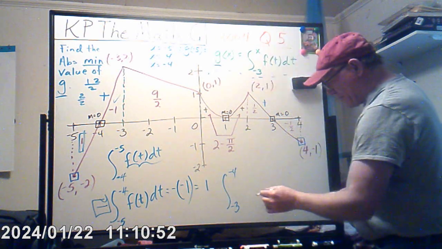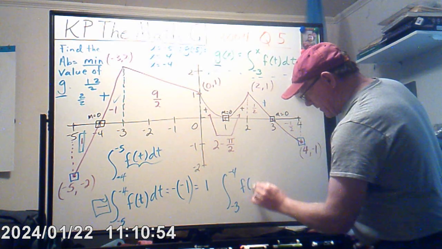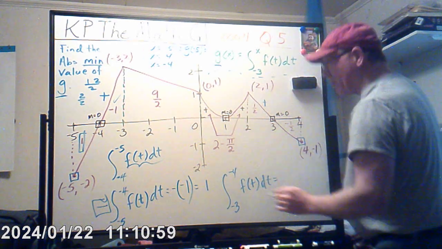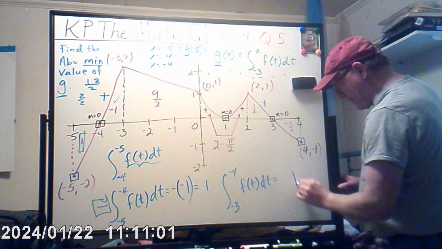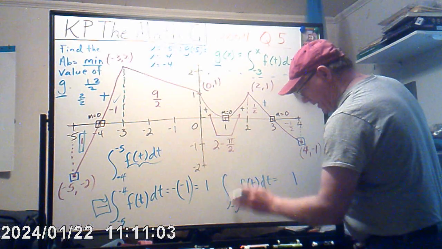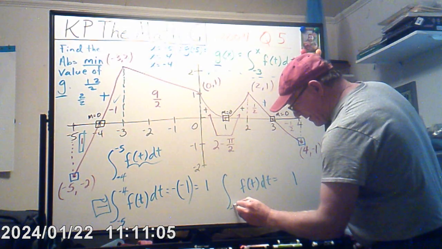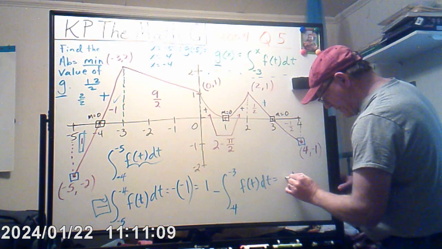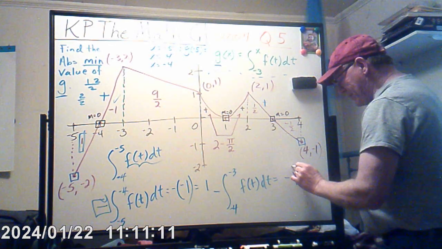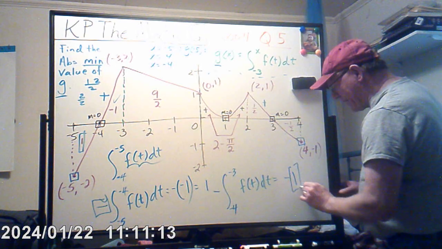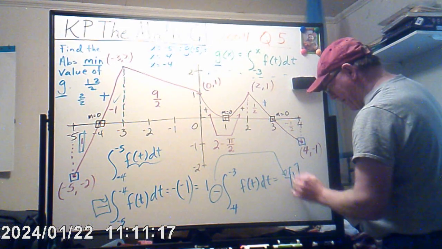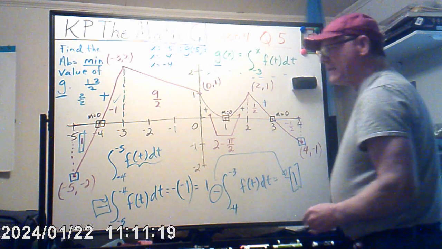So f at t dt, we found that to be equal to 1, but since we had to exchange this order like this, that makes it negative 1. So whatever the answer was, this negative is right here, and that makes it negative 1.